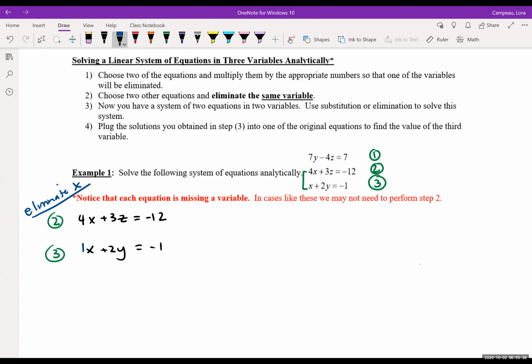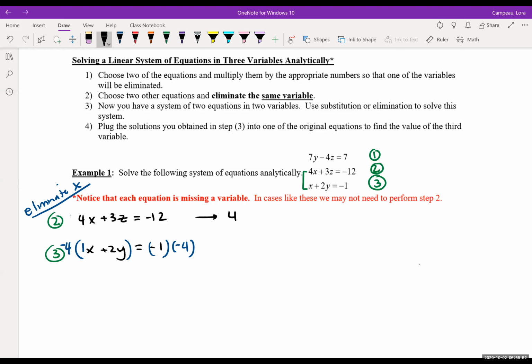Equation 2 already has a 4 as a coefficient. So I would want to multiply the bottom equation by negative 4, because the whole goal is for the variables to neutralize or cancel out. You can always double check when you're done.